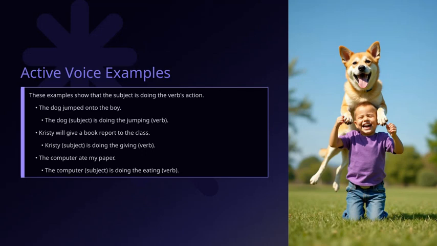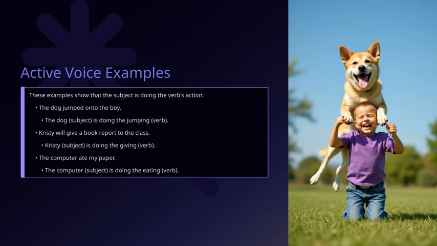Now, let's take a look at some examples of active voice. These examples clearly show that the subject is performing the action of the verb. For instance, in the sentence, "The dog jumped onto the boy," the dog is the subject, and it is doing the jumping, that's the action. Similarly, in "Christy will give a book report to the class," Christy is the one doing the giving. She is actively performing that action. And even in the more unusual example, "The computer ate my paper," the computer is the subject, and it's doing the eating.